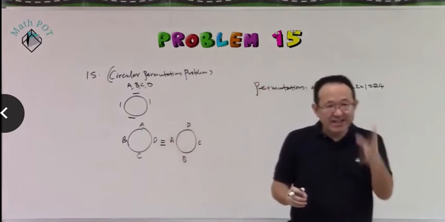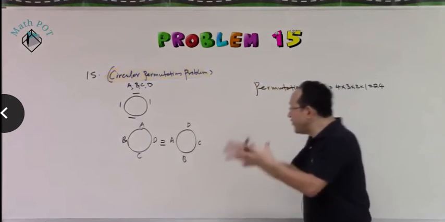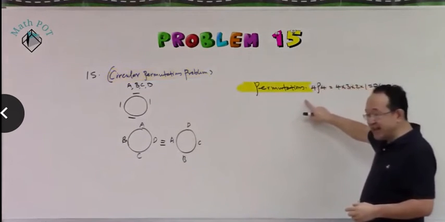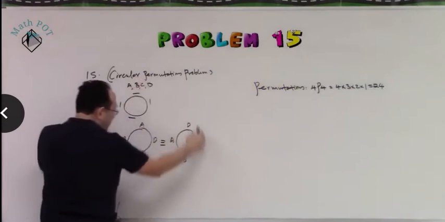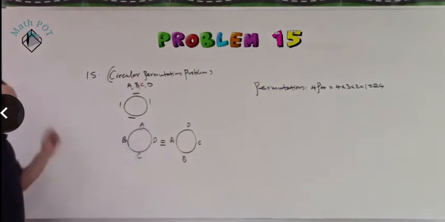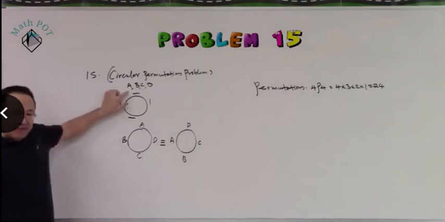If we treat them as the same, this is a circular permutation problem. If we treat them differently, this is a permutation problem. So make sure you understand the difference. For circular permutation, we are talking about this situation. The best way for this one is you fix one person there.